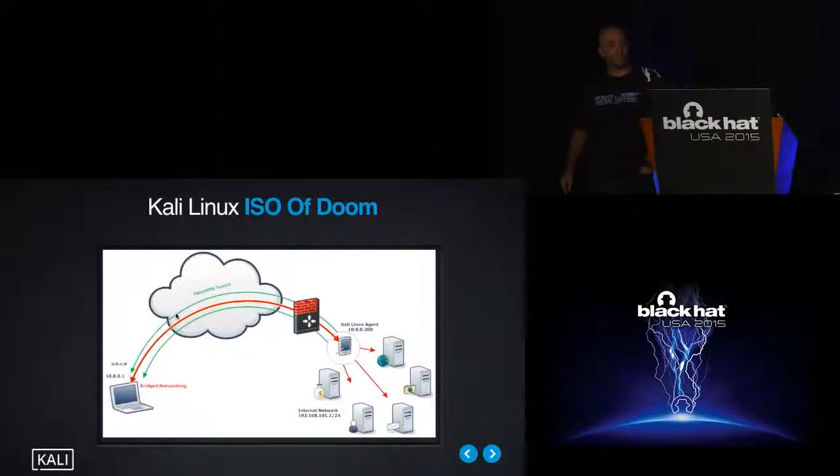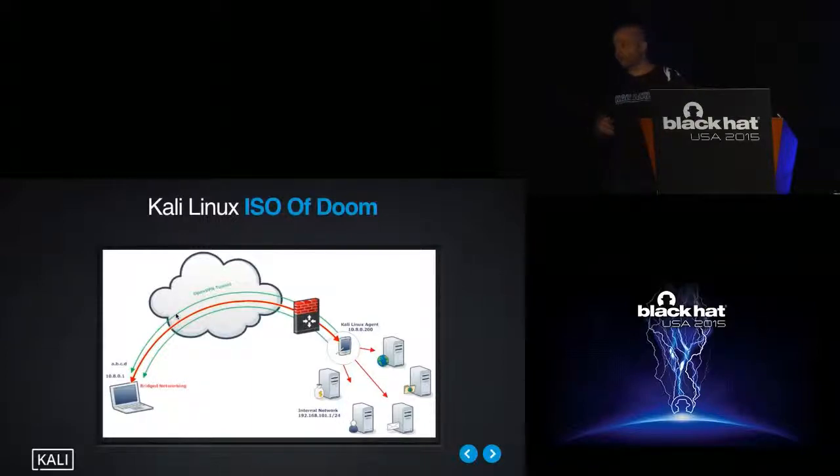So imagine that you need to do an internal assessment somewhere across the globe. You send your client an ISO file. They take that file and install it in a VMware environment, in a VM perhaps. There's nothing the client needs to do other than boot up the ISO. The ISO self-installs, and once a reboot happens, it automatically connects to the VPN, does all the magic networking stuff, and gives you access into the internal network through that reverse VPN connection.